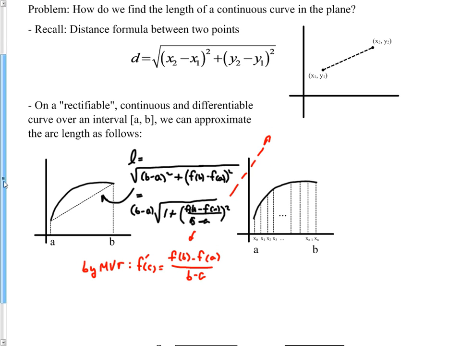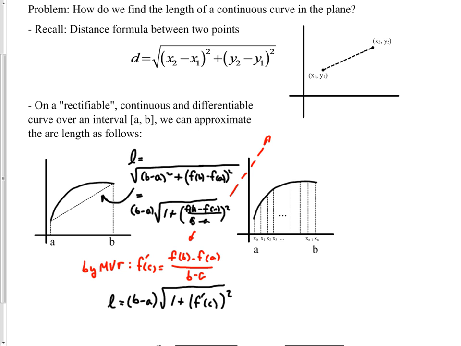we could state that our length is something like a quantity b minus a times the square root of 1 plus some point c in that interval, f prime of c, squared, right?